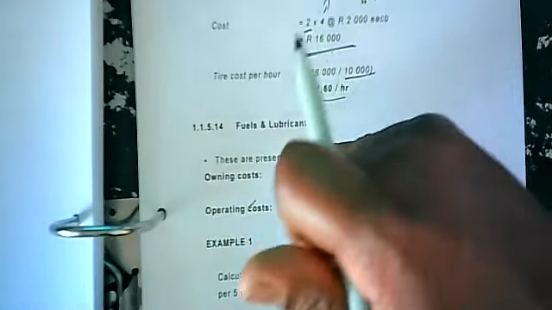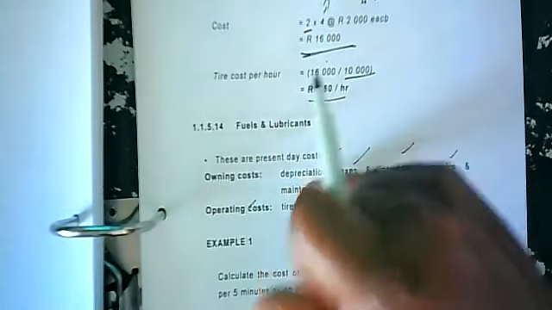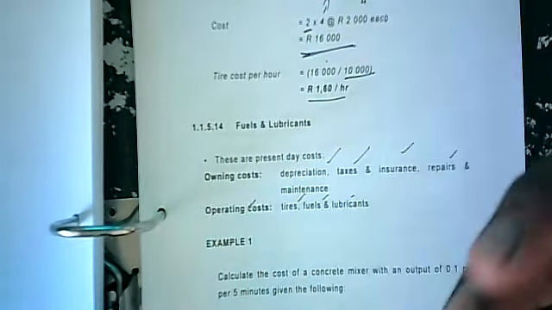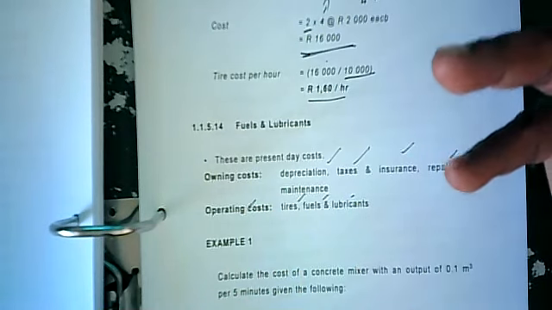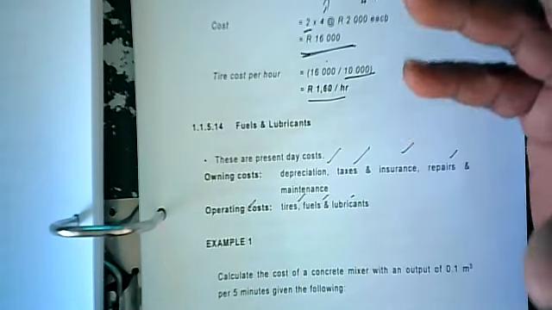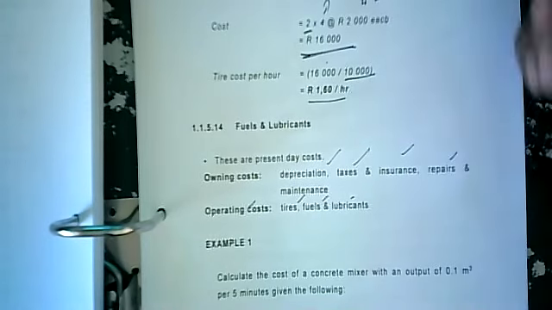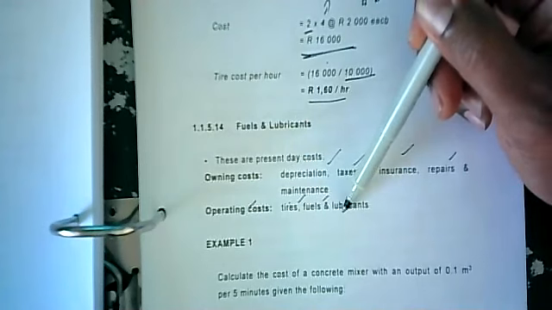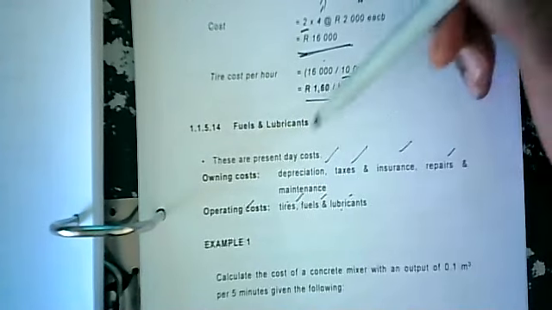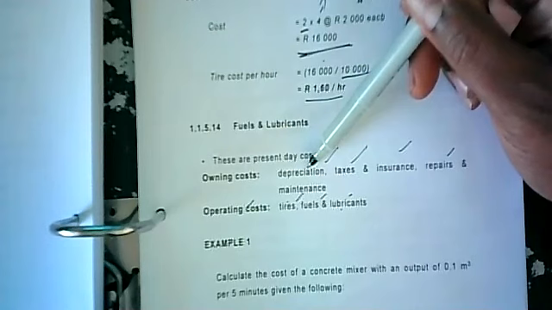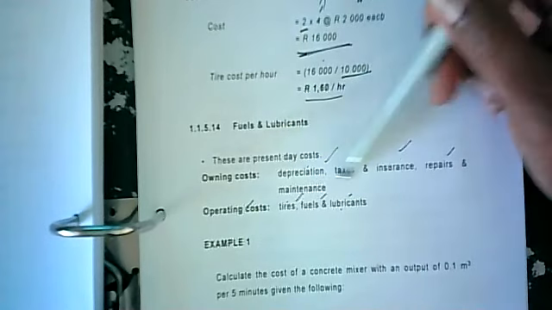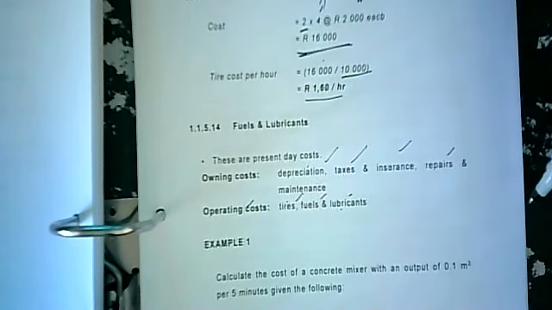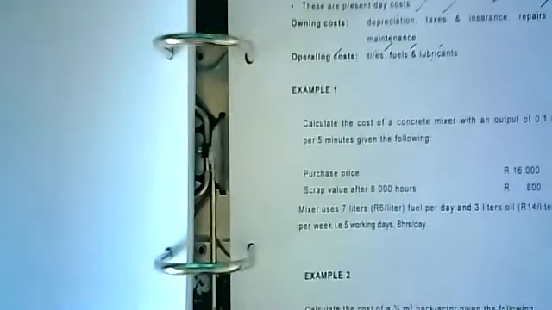Because we will have to do calculations for each one of those to arrive at an owning cost per hour for this entire vehicle. I'm saying entire because you have to take into account tires, fuels, oils, depreciation from an accounting perspective, taxes and insurance, and repairs and maintenance. All right, let's stop there and we'll start with an example in our next lecture.